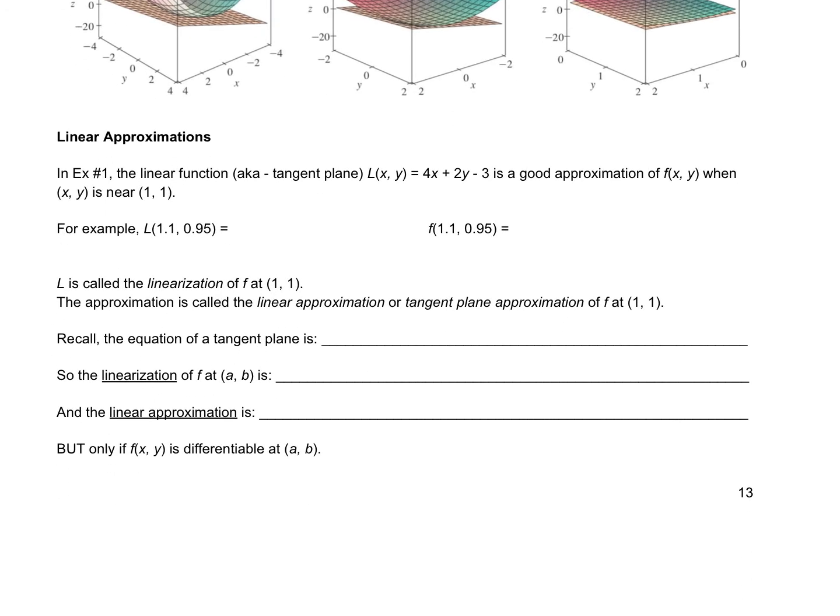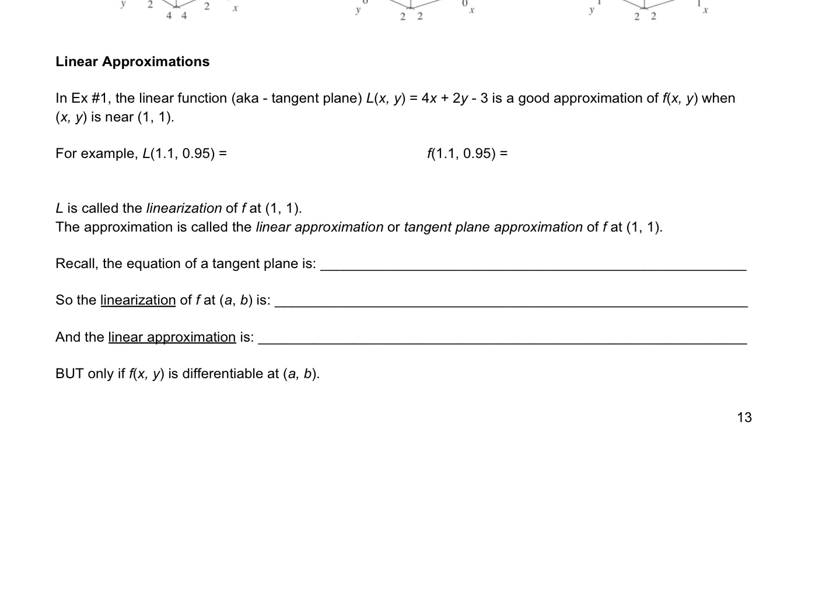So now that we know how to find the equation of a tangent plane, let's move on to actually using a linearization. In example 1, the linear function, so the tangent plane, 4x plus 2y minus 3, is a good approximation of f of (x, y) when we have a point near (1, 1).